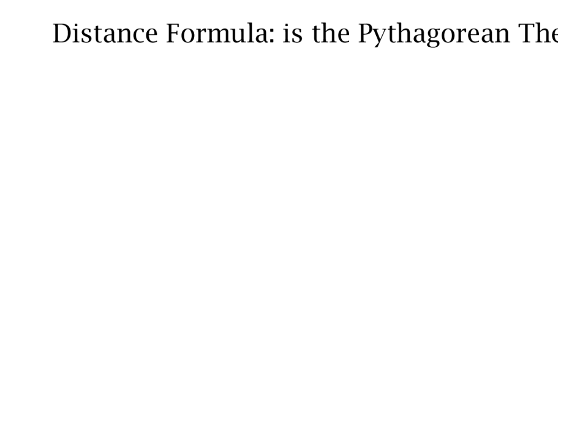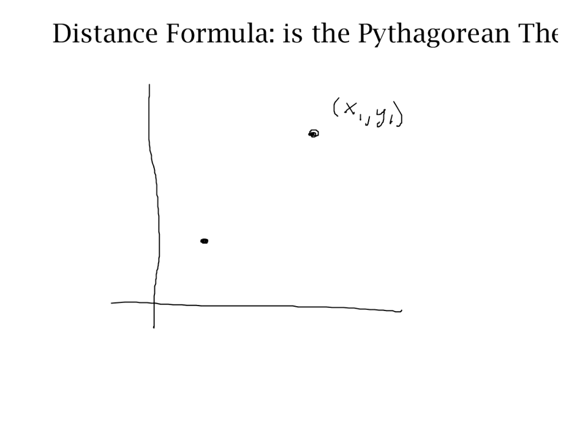Okay, so let's see how this works with the distance formula. So if I have 2 points in the plane that have coordinates x1, y1, and x2, y2, and I want to find the distance between the 2 points.